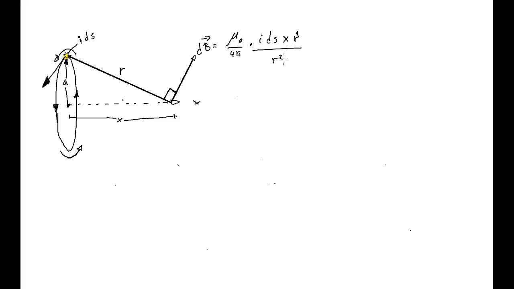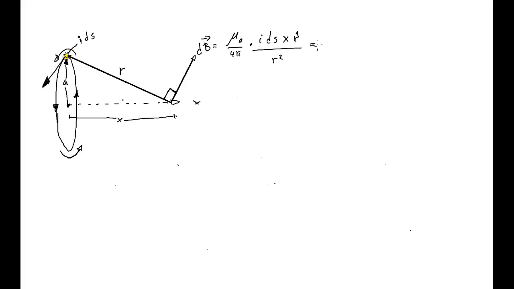Okay, well, if we want to get rid of the vector nature of this, we've got something nice we can do. ds and r hat are always 90 degrees to each other, so this is going to be the magnitude of little vector ds times the magnitude of the little vector r hat, which is 1, times the sine of the angle between.